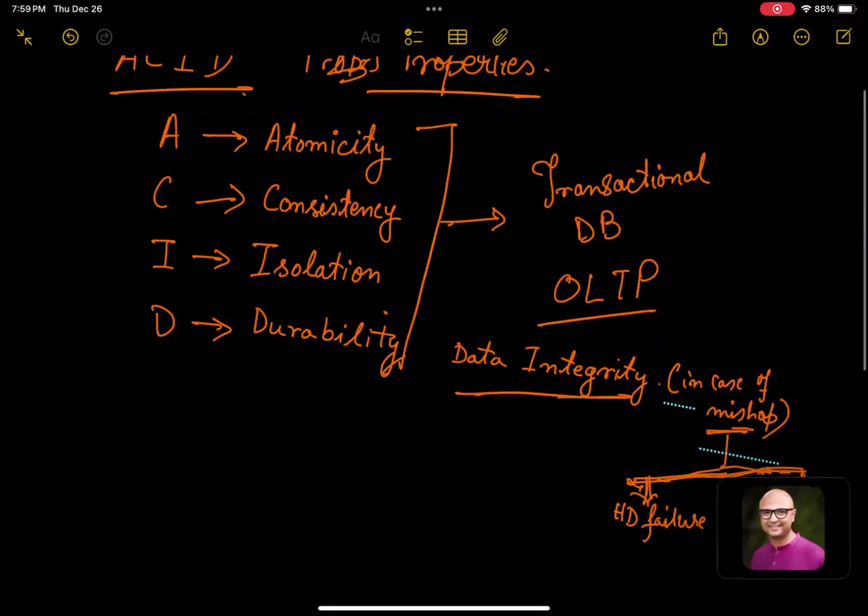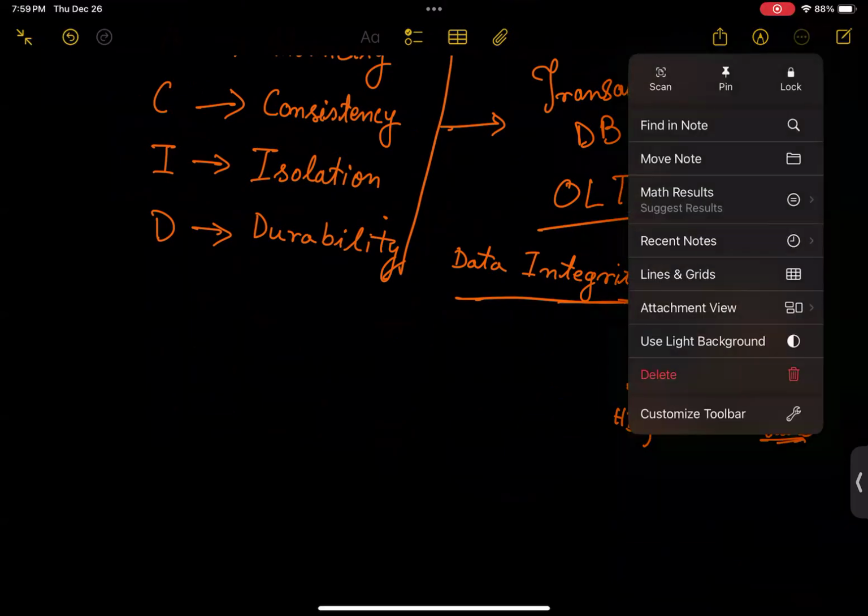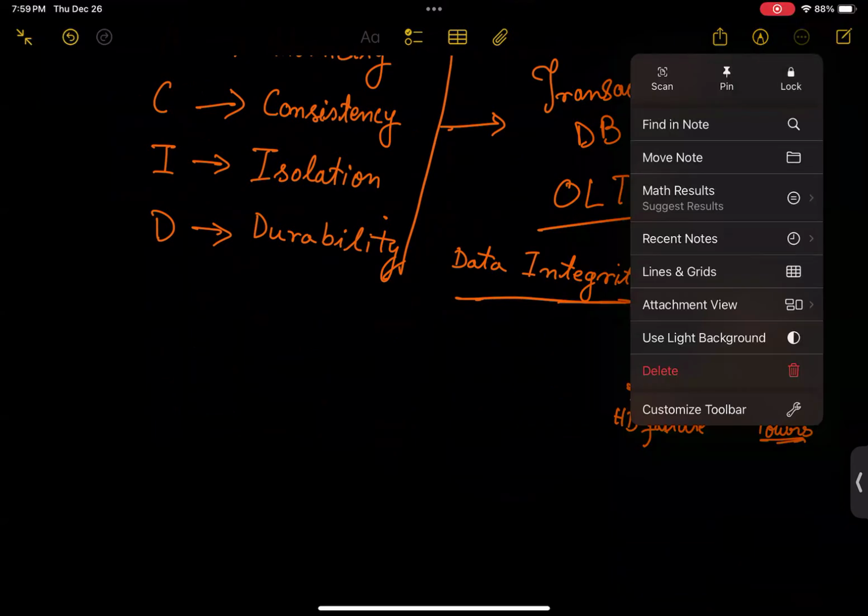Something is wrong today with my notes. Anyway, consider this as power. It is actually doing automatic handwriting recognition, I think. Is there a way to stop this? I didn't know.